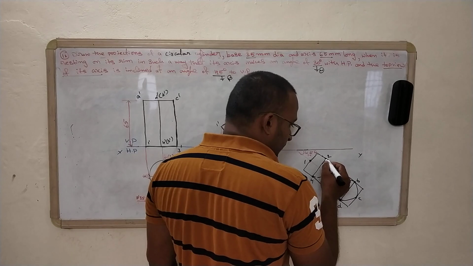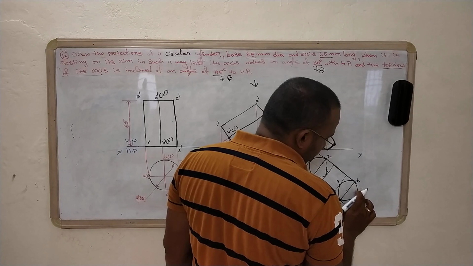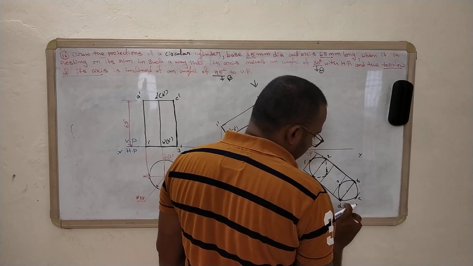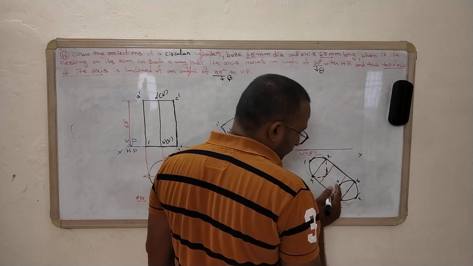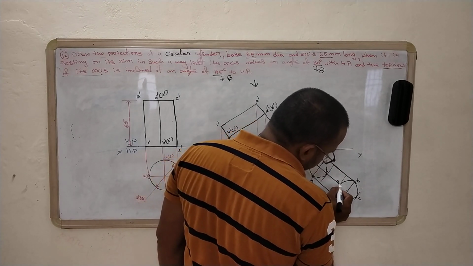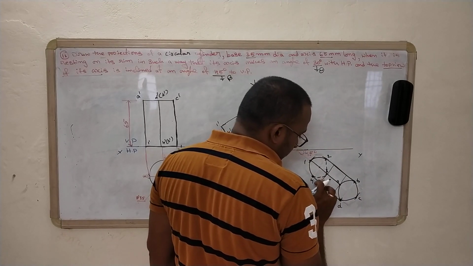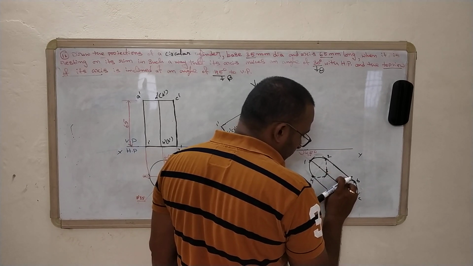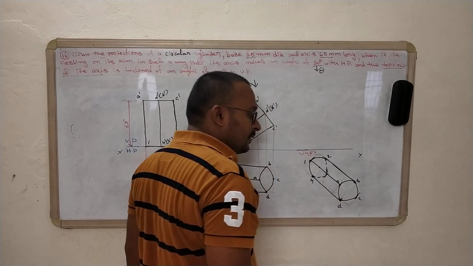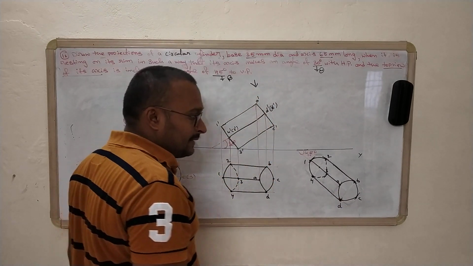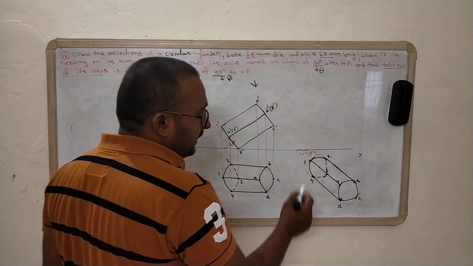Base side is incompletely visible. Remaining reference lines should be deleted, and then here this is the 45 degrees inclination of that particular axis, beta is given.